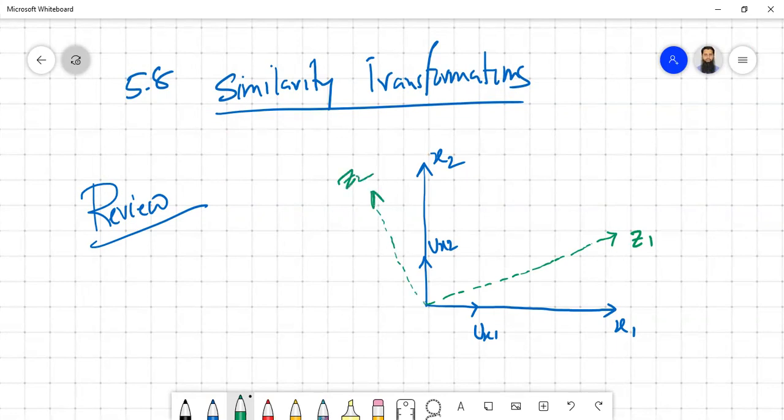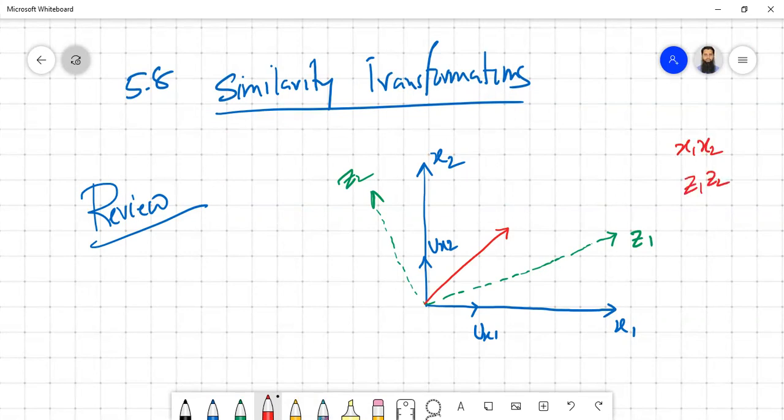Okay, so a state is represented, say x is our state, in your state space. So there are two spaces here. One is the x1, x2 space, and the other one is the z1, z2 space.